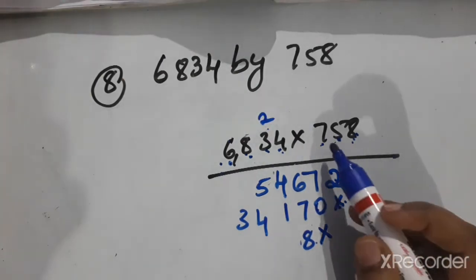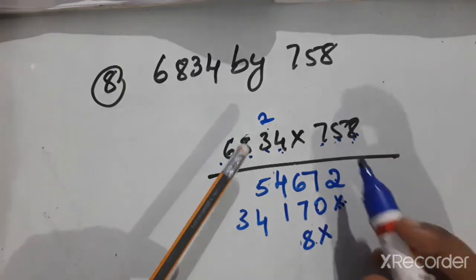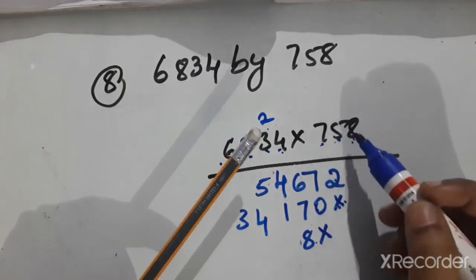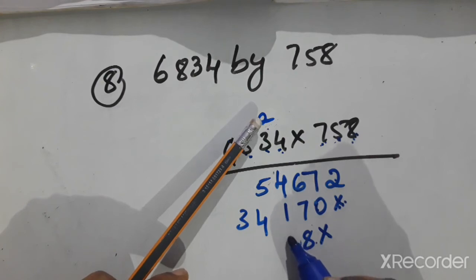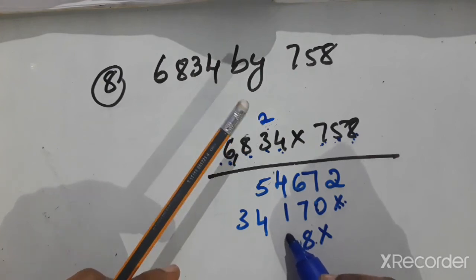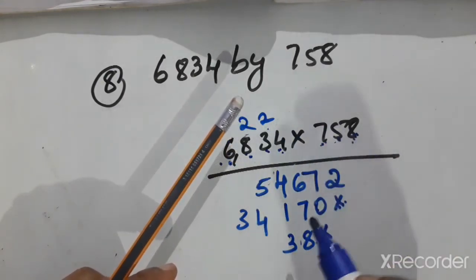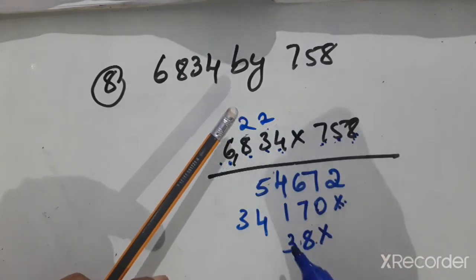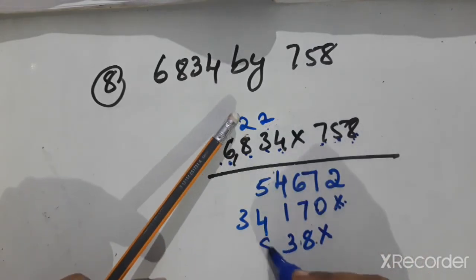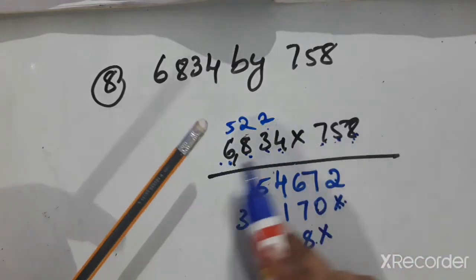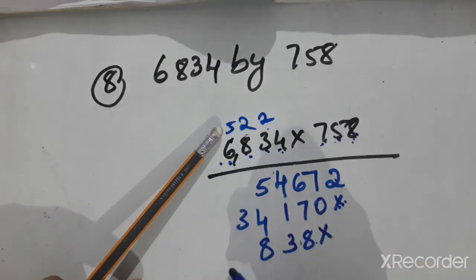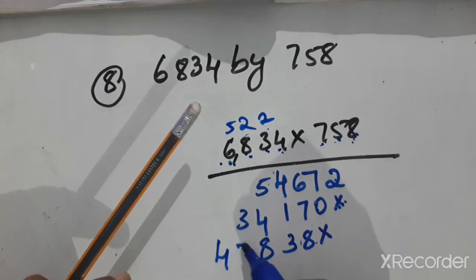Okay. 7 4s are 28. 2 carry. 7 3s are 21. 21 plus 2 is 23. 3 here, 2 carry over. 7 8s are 56. 56 plus 2 is 58. 5 carry out to the next place. 7 6s are 42. 42 plus 5 means 47.